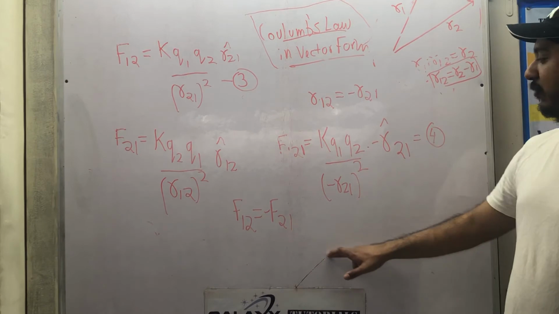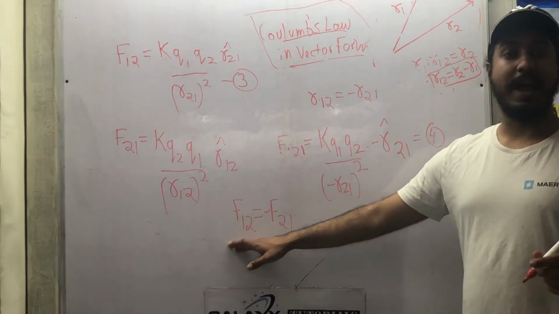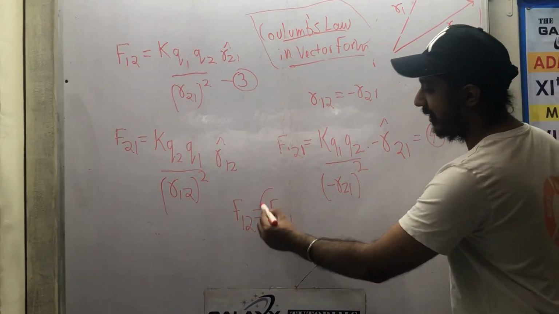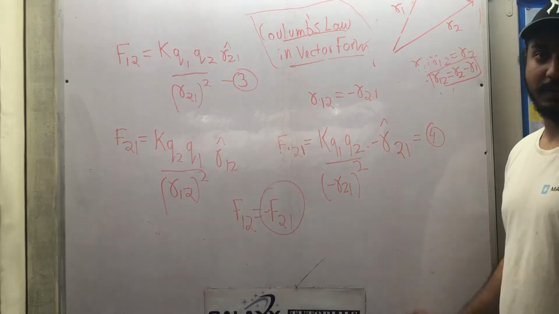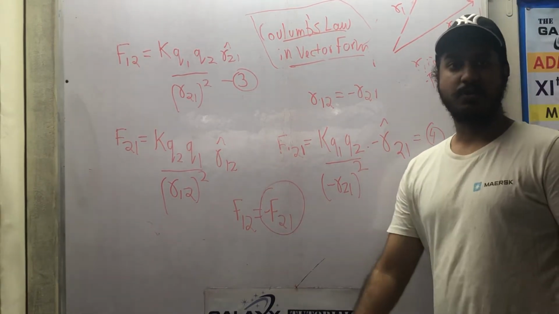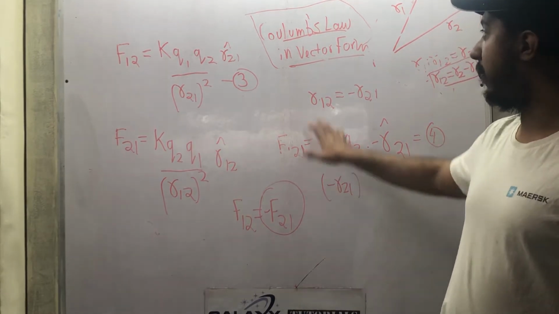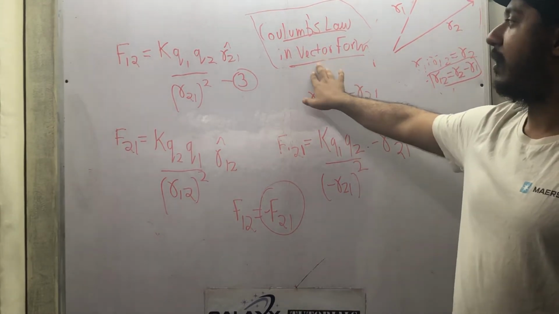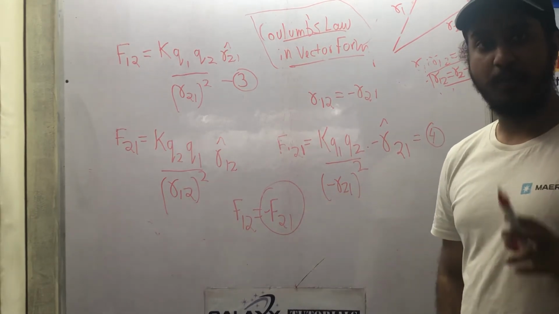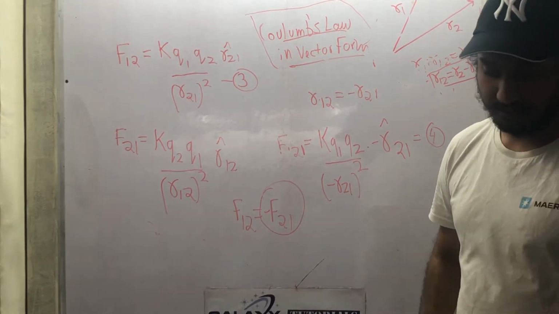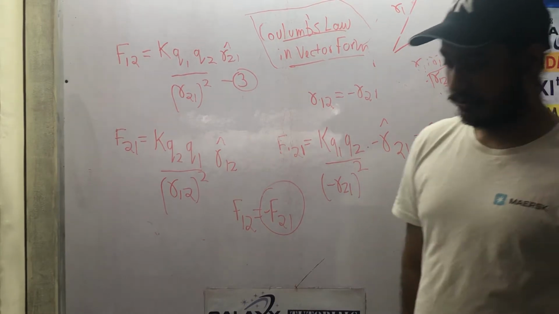It means that the two forces are equal and opposite. This minus sign indicates the other force was acting in the opposite direction. So I have proved from the vector form of Coulomb law that the forces acting on the two charges are equal and opposite in nature. Okay, let's go ahead.